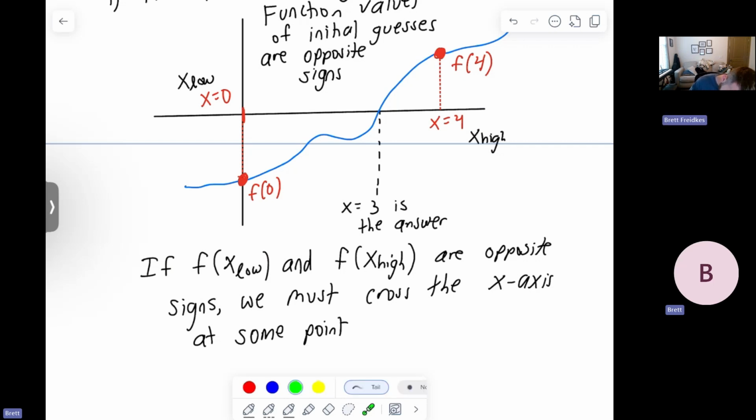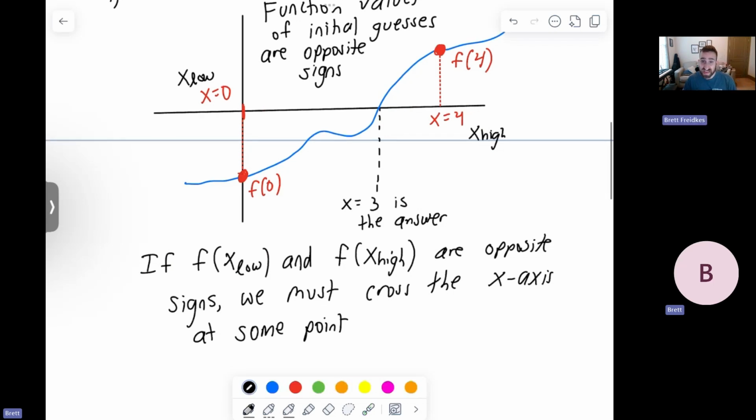If you look at the picture, I'll go ahead and use green maybe. I'm at x equals 0. I'm traveling along. If I want to go to x equals 4, which is higher, I have to cross the x-axis at some point. I have to switch signs at some point. So what that tells me is that if they're opposite sign, there's at least one root in between.